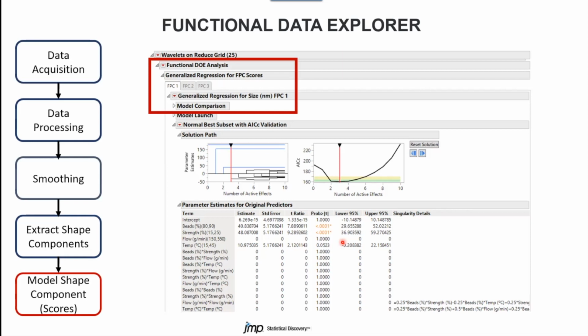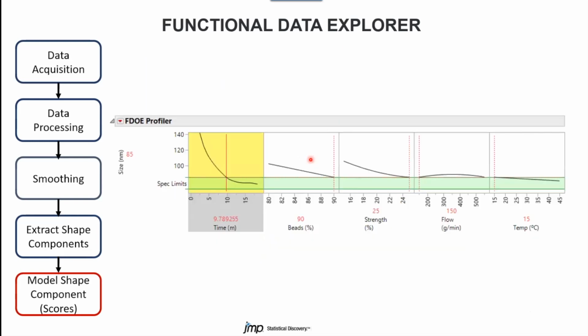If you wanted to have more factors in than the forward selection model chose, you can add more active effects or reduce them. All of the reports, diagnostics and profilers will update automatically behind the scenes to reflect the changes you've made to the model. So this makes exploring different versions of your functional model pretty easy. And then we just get to our FDOE profiler and work with solving that problem with it.